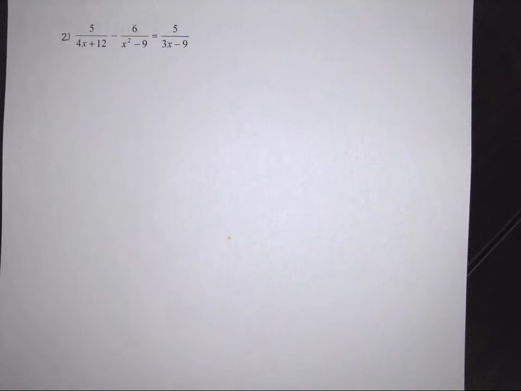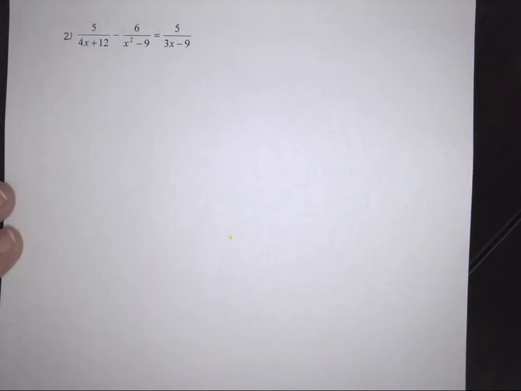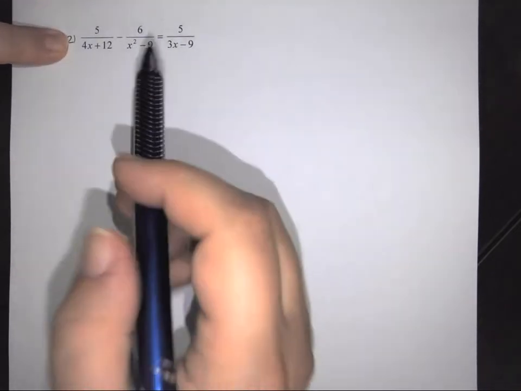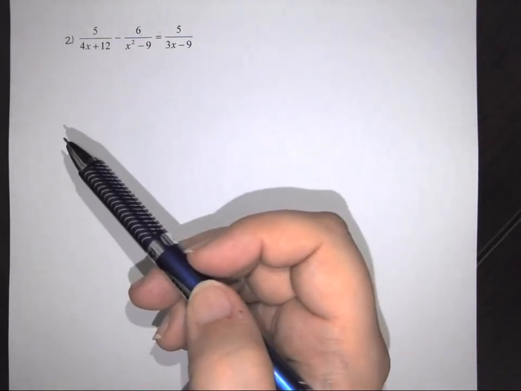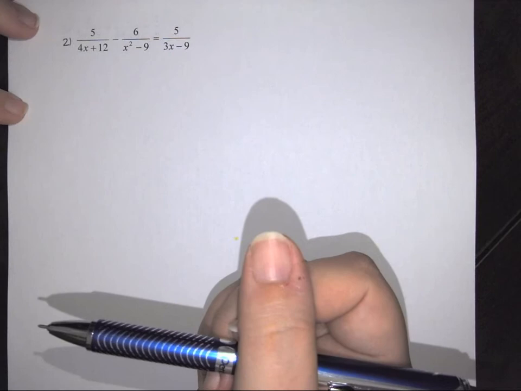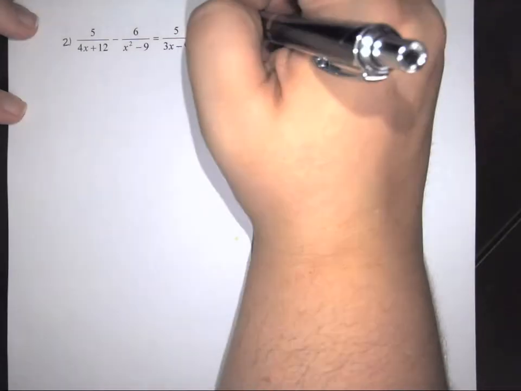Okay. Let's look at another one. Here I have 4x plus 12 minus x squared minus 9 equals 3x minus 9. So again, the first thing I have to do is find the least common denominator.